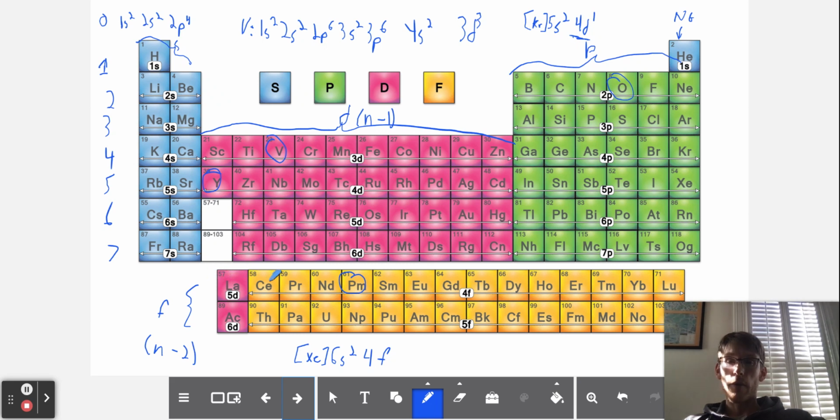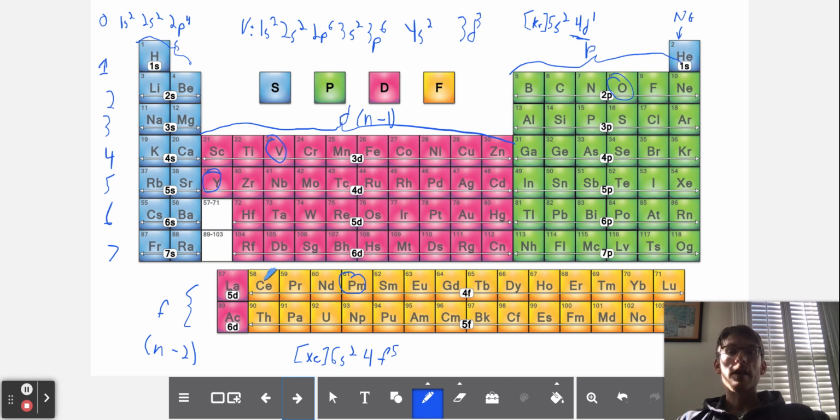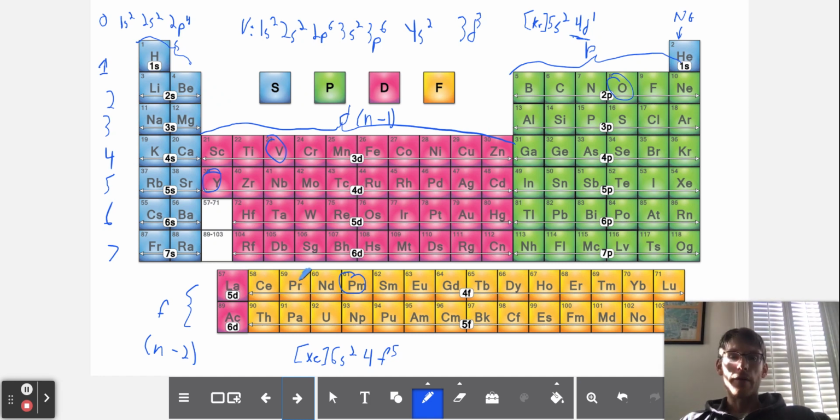And promethium is 1, 2, 3, 4, 5 over into the 4f, so its configuration would end in actually 6s2, 4f5. That's the reason why lanthanum has to be here, because if you're counting cerium, you'd expect to be 4f2, praseodymium 4f3, neodymium 4f4, promethium 4f5, samarium 4f6, 7, 8, 9, 10, 11, 12, 13, 14.